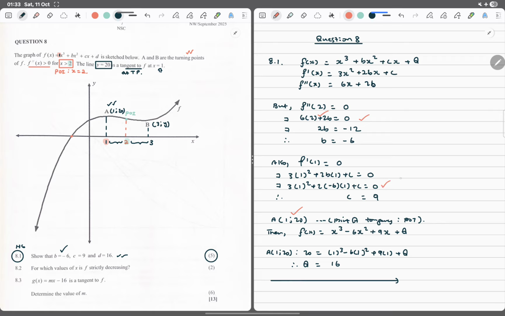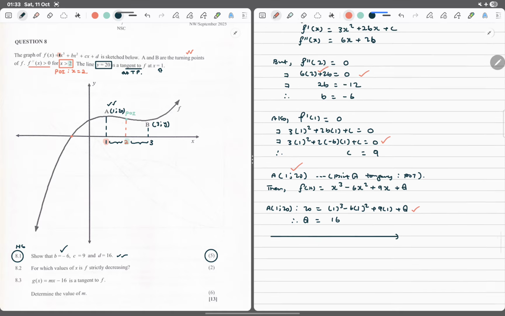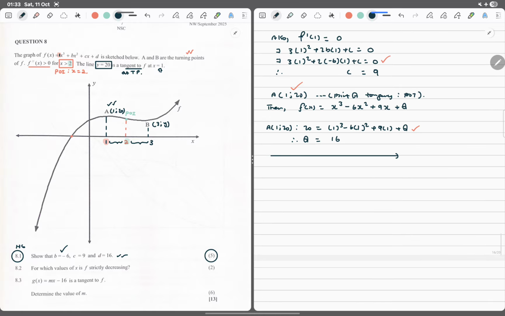Even down here when we do the substitutions and substitute the point, I mean, it's quite vague, but if everything is in order, we get full marks no matter what.